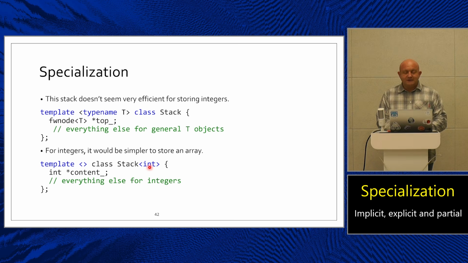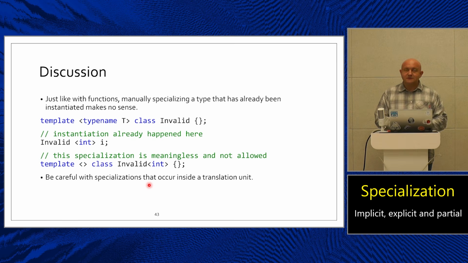Here, the specialized class Stack<int> replaces the linked list of nodes with a contiguous array. This will be far more efficient for storage and access. And the interface in this case remains the same, but for specializations, even the interface can change.